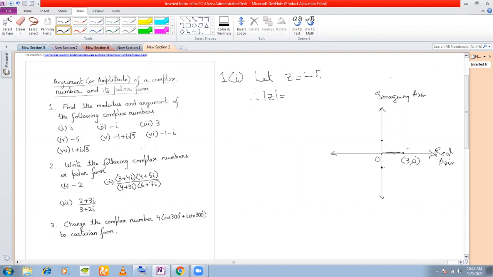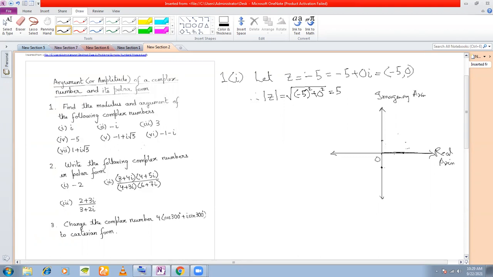Minus 5. Minus 5 can be written as minus 5 plus 0i, which in ordered pair form can be written as (-5, 0). So the modulus will be root over (-5) squared plus 0 squared, which is equal to 5.